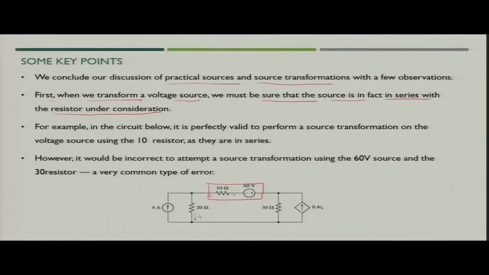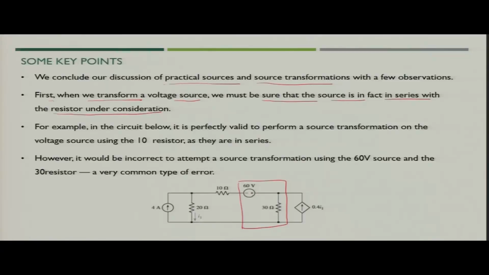So, this you can utilize, but you cannot apply the same source transformation while considering these two elements, like 60 volt and 30 ohm, because this 30 ohm is not in series with the 60 volt source.